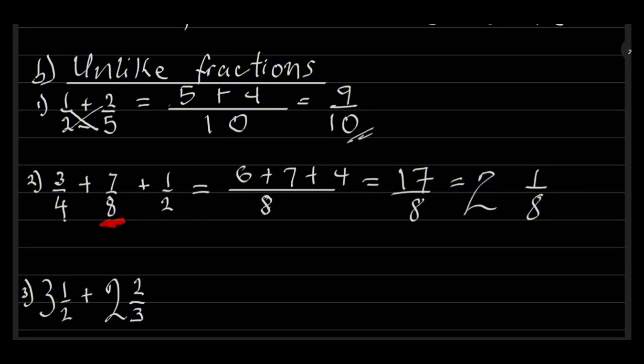Now let's look at the second way of solving this. It is just like we did for the first one. We are going to multiply all the denominators. So 4 times 8, that is going to give us 32. And then 32 times 2 would give us 64. So we are going to have 64 here.